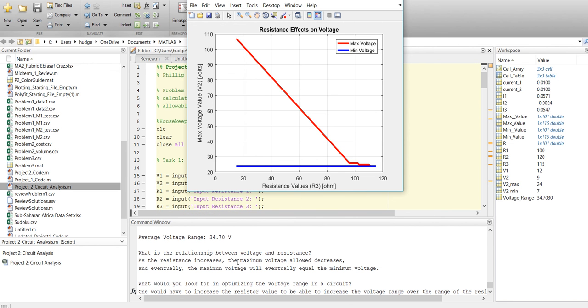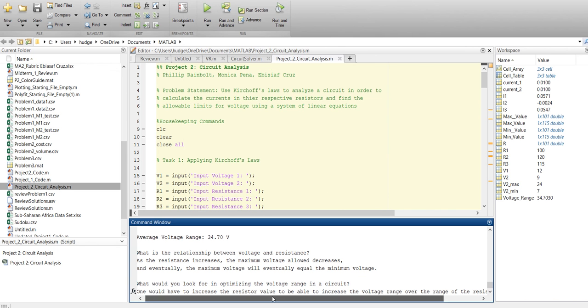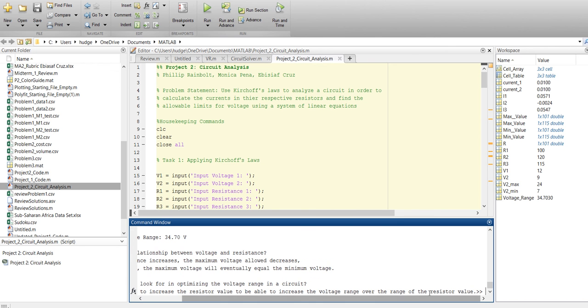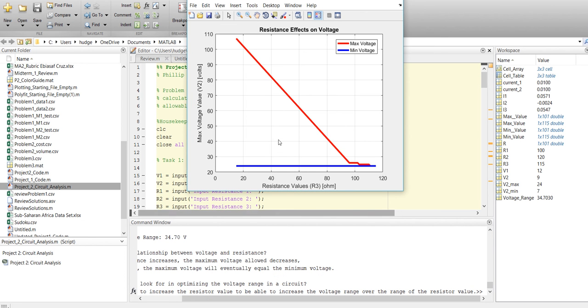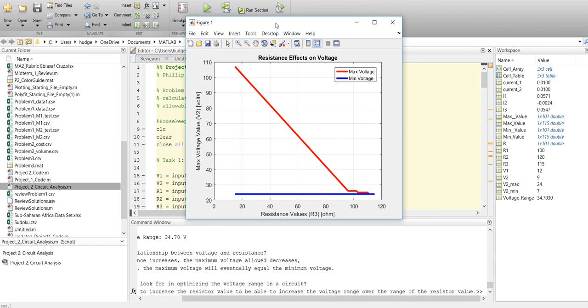So as the resistance increases, the maximum voltage allowed decreases, and eventually the maximum voltage will reach a point where it equals the minimum voltage. And from that, we could see what you would look for in optimizing the voltage range in a circuit. One, we have to increase the resistance value to be able to increase the voltage range over the range of the resistance value. We're able to answer these two questions based on our interpretation from this graph.